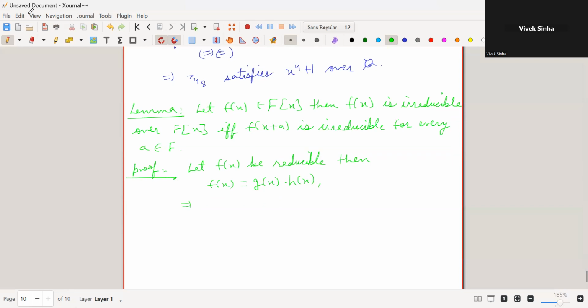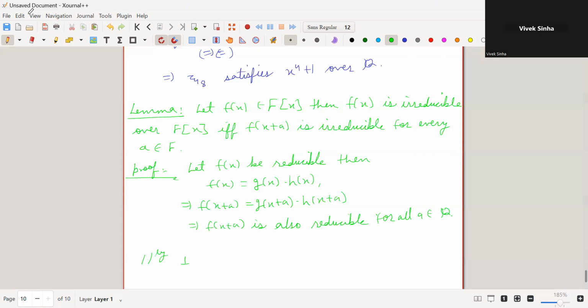And that will imply that f(x plus a) is what? g(x plus a) times h(x plus a), which implies that f(x plus a) is also reducible for all a belongs to Q, right?